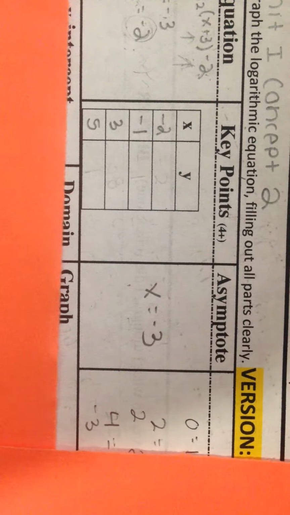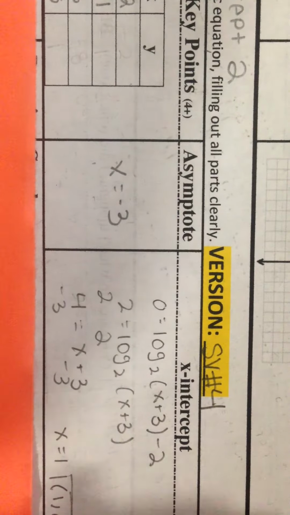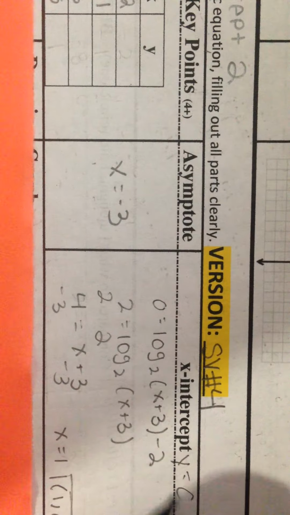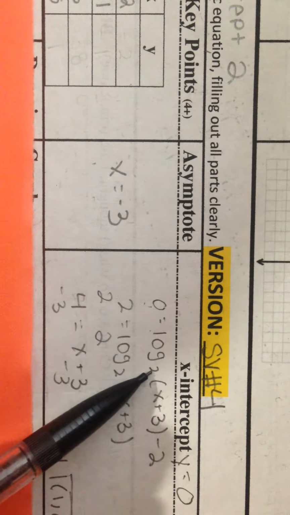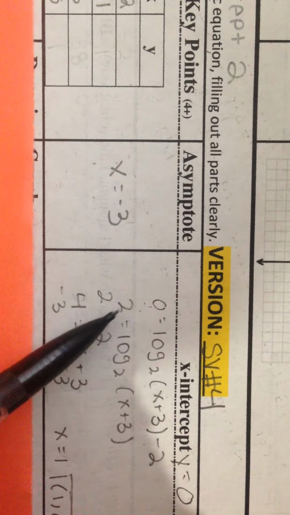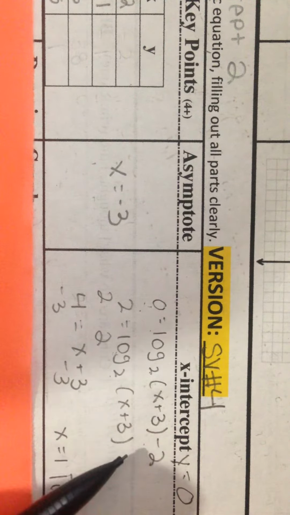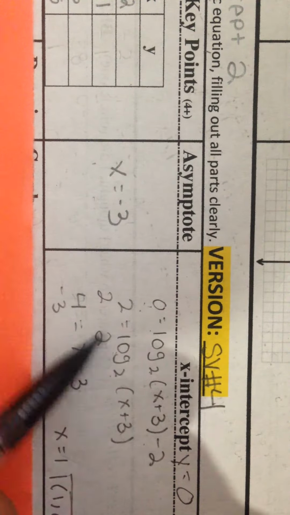Okay, and then once we know that, we can look for the x-intercept. To find the x-intercept, we know that y equals 0. So we substitute in 0 for the y value, and we solve. We move -2 to the other side, which becomes 2 equals log base 2 of x plus 3. Then we exponentiate to cancel the logs.